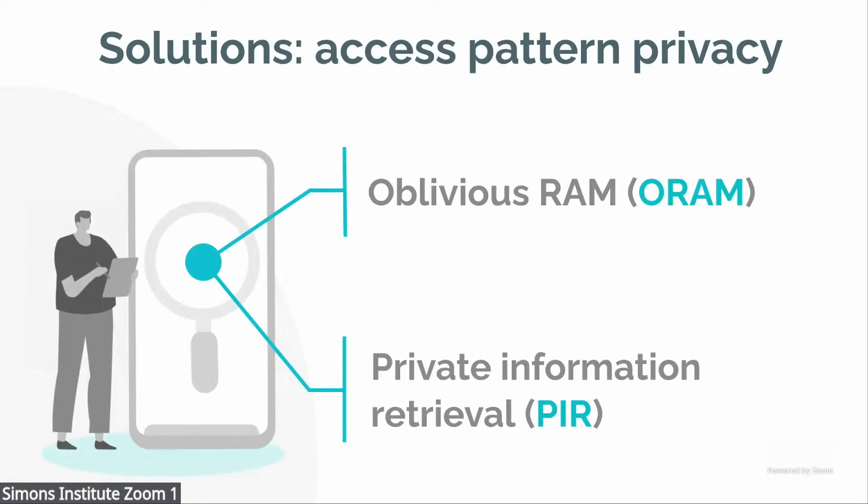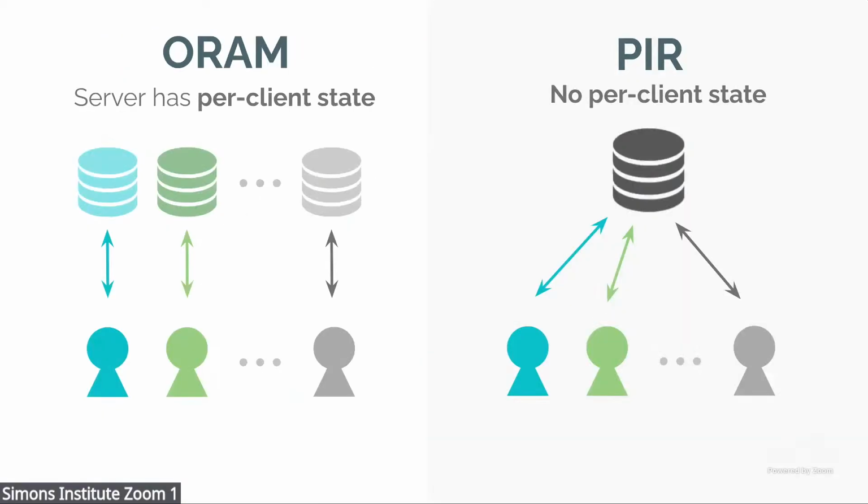So there are two primitives that can be used to solve this problem, called ORAM and PIR. And they seem to be providing something very similar, but there are some fundamental differences. One important difference is that ORAM allows per client state. You can imagine, for every client, the server will be storing some pre-processed database, right?